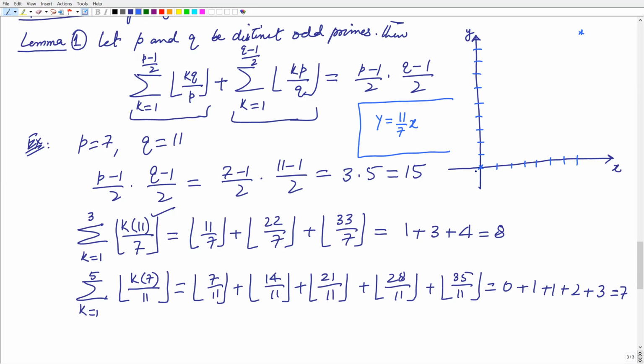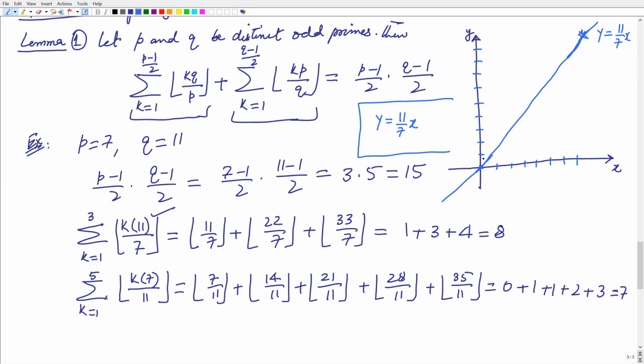Okay. Then we can have this line. Let me mark a point here. The equation of this line is y equals 11 by 7 x. Okay.